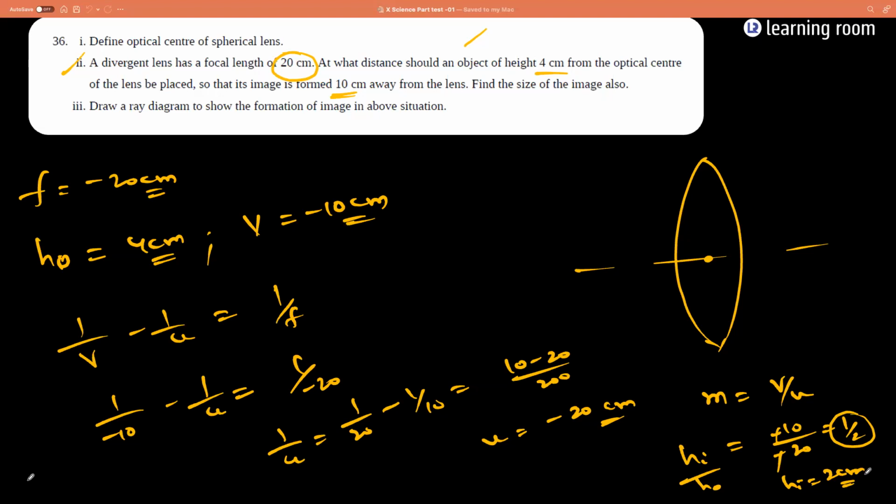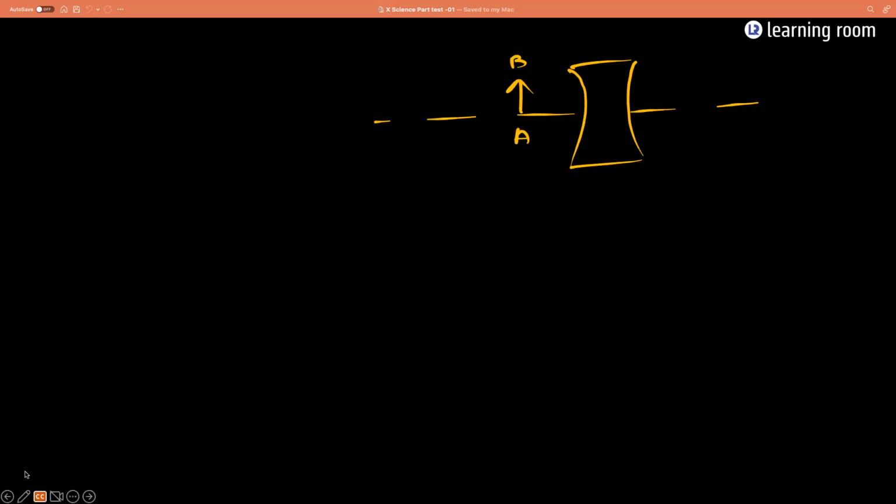So can you draw the ray diagram for this? Yes, sir. So how will you draw? Tell me, where should I place the object? If I place it on the focus... I'll keep it slightly at a greater distance.